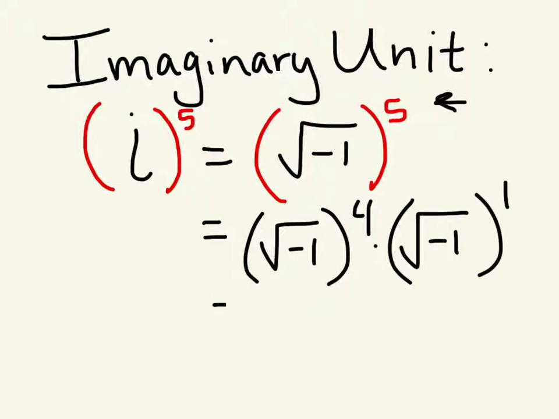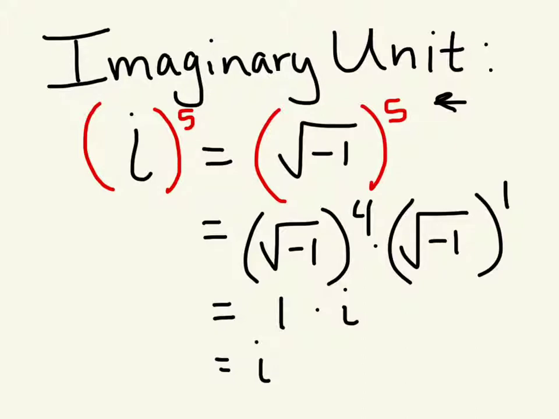Again, we know that the square root of negative 1 raised to the fourth power can now be substituted with the value of 1, and we already said that the square root of negative 1 will be replaced with i. So this should seem familiar. We've evaluated the power of i to the 1 to be i, and this is the same thing. i to the fifth is now i.